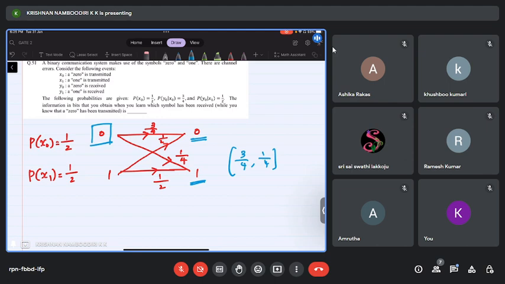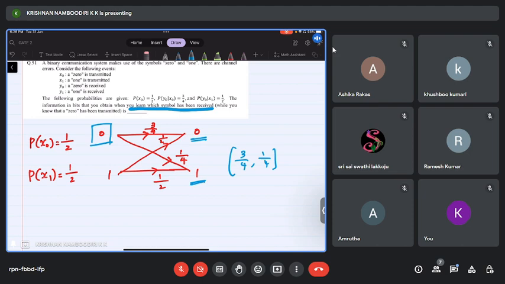So basically information is nothing but the reduction in uncertainty. So when you learn which symbol has been received, after that there is no uncertainty remaining, right? Because when I receive 0, I know that 0 is received. So there is no confusion in that. But when I transmit 0, before receiving something, there will be a confusion. The received bit can be either 0 or 1.